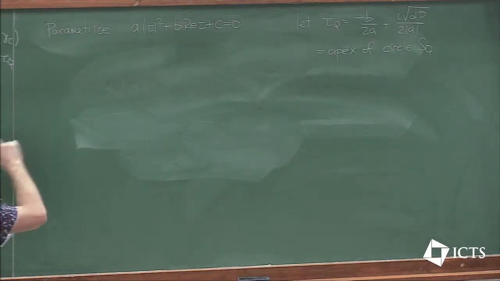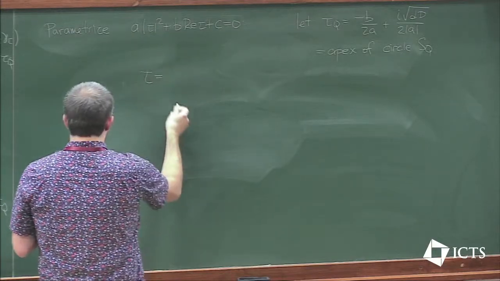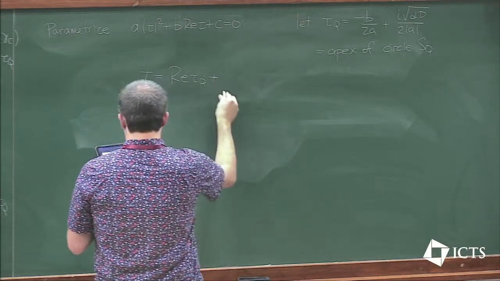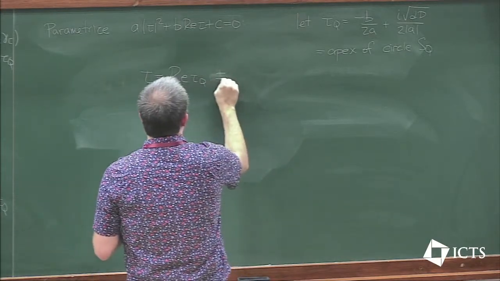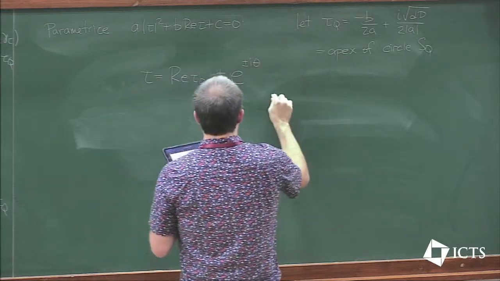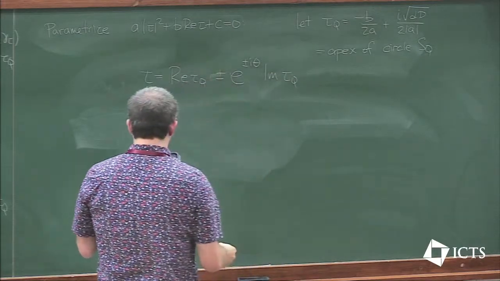And so we're just going to parameterize relative to tau_Q. So the parameterization is going to look like tau equals the real part of tau_Q plus or minus e^(plus or minus i theta) times the imaginary part of tau_Q. And you can check that this actually does parameterize that circle.